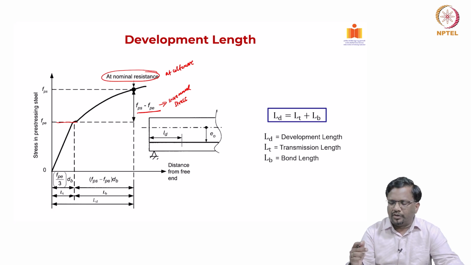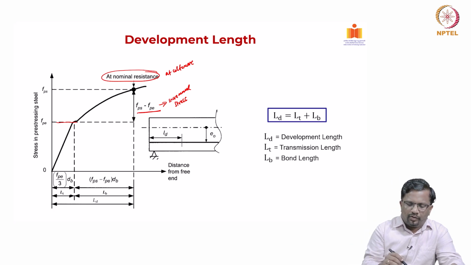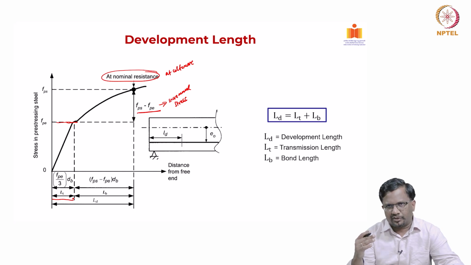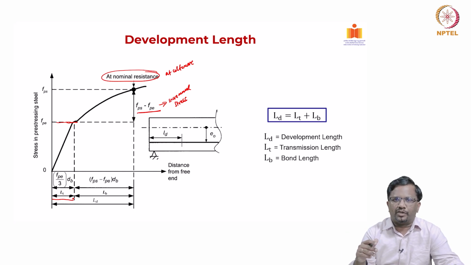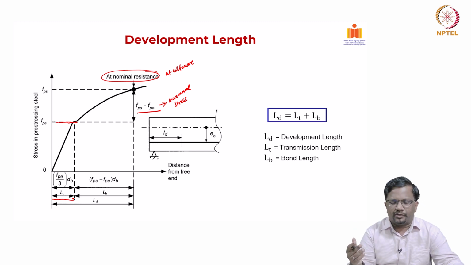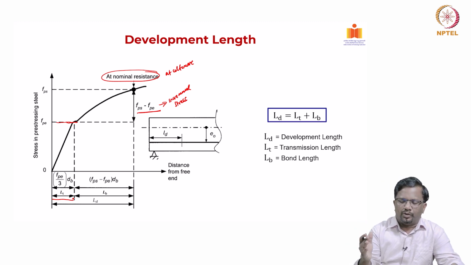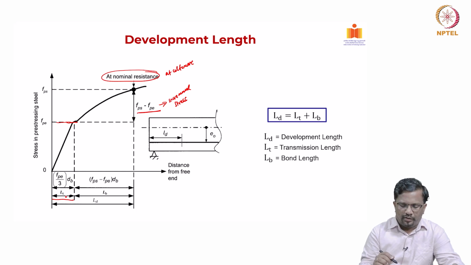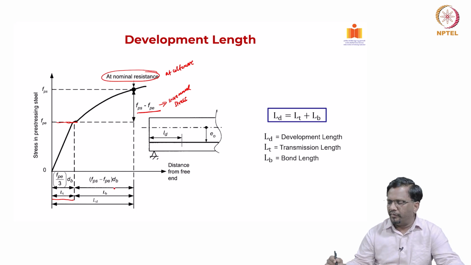Now, why is it important to understand this? First, it takes some distance, which is called transfer length, to develop the effective pre-stressing stress. Then due to the virtue of your external loads, it is stretched to much higher stress at ultimate condition. So, when we say development length, we include both the transfer length and the bond length, which we call LB, and transmission length or transfer length we call LT.